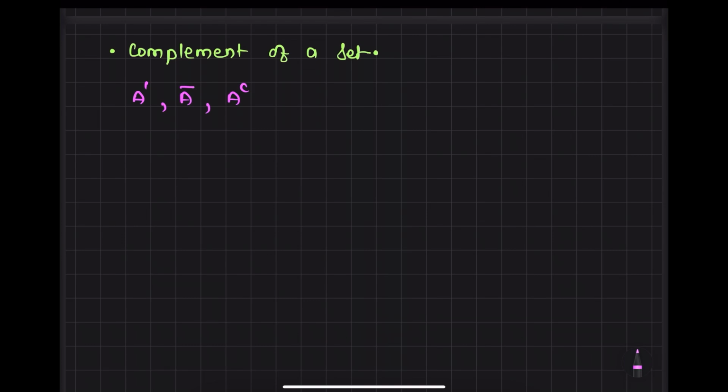So first try to understand that if I will talk about A, your focusing area will be inside A. Correct na? But if I'll talk about complement, so you will talk about outside A. Okay? So things get reversed.